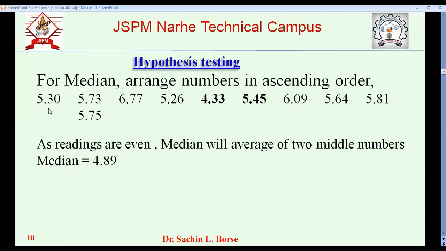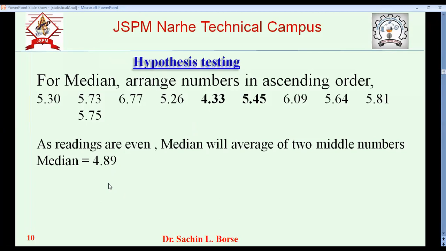There I have not arranged here. I think I have not arranged here again. So here I made the mistake. Because of that, I picked a wrong number. So my median is not correct. In the median, you have to pay attention that you have to first arrange the numbers in the ascending order.